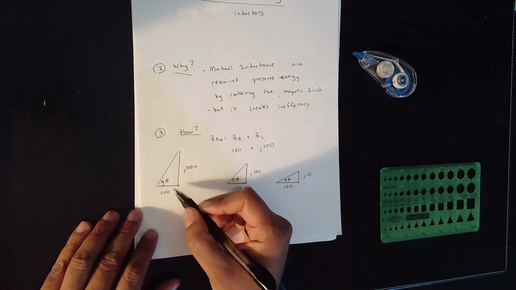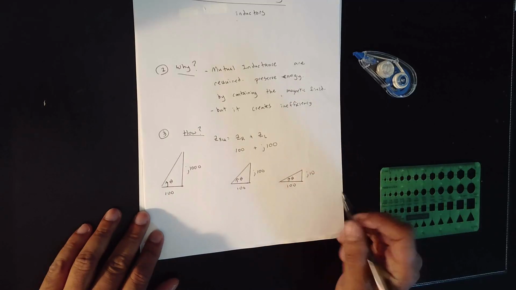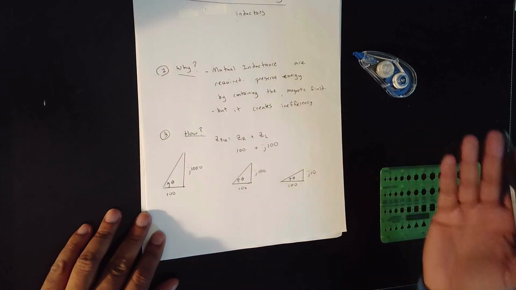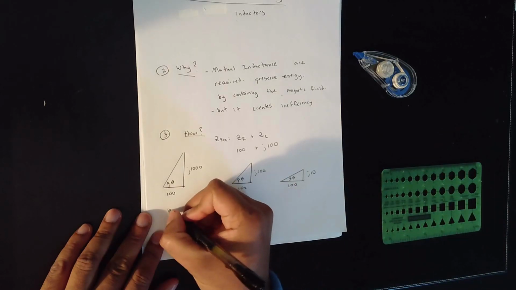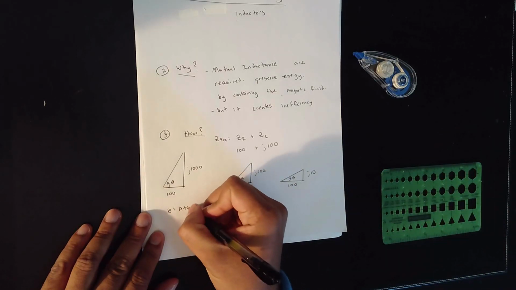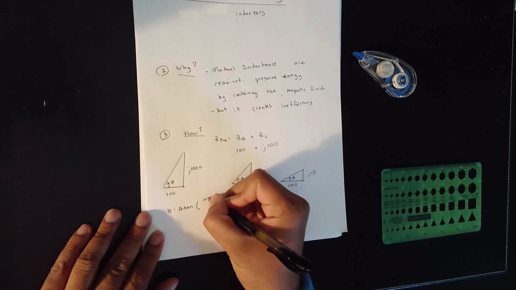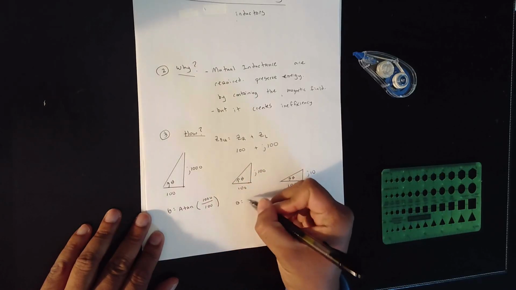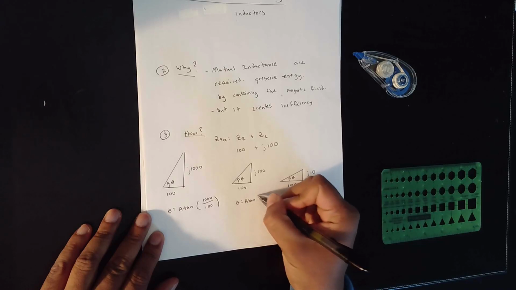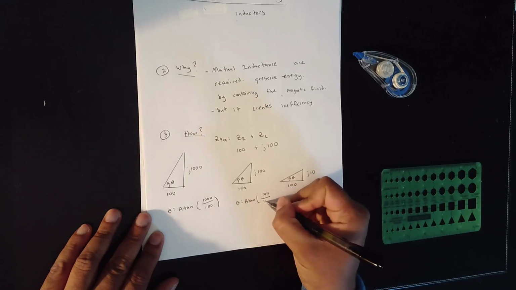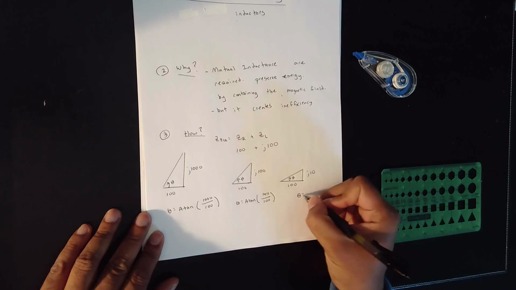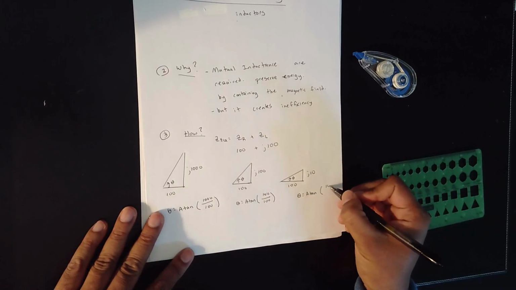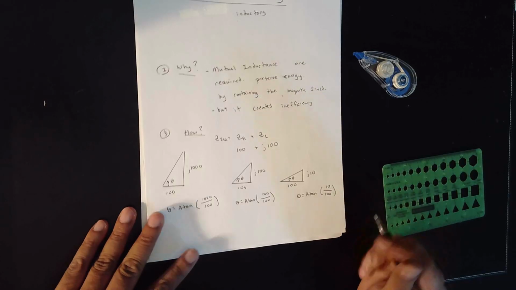We have certain components, and obviously a little trig is needed. We have to figure out what that angle is. We remember sine, cosine, tangent. So we're going to calculate this angle as 1,000 over 100, and the others similarly.